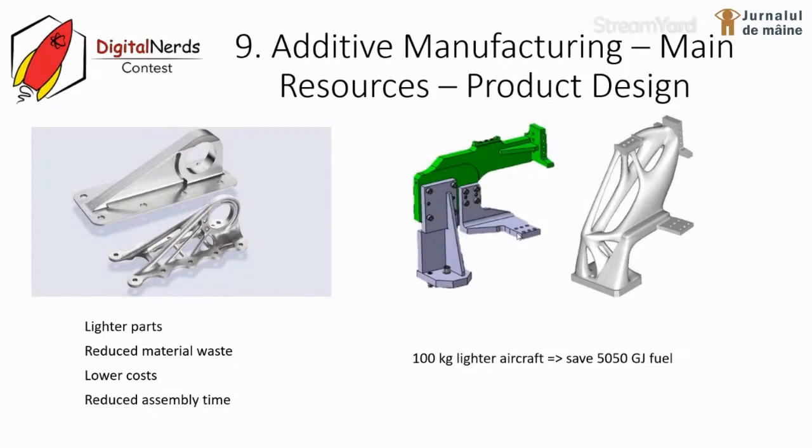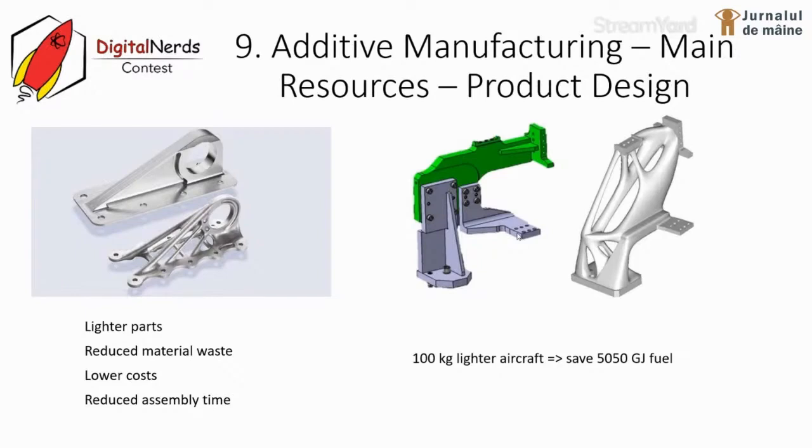As we can see, we obtain a lighter part, and as far as we know, mass reduction is very important in the aerospace industry, because for example, with 1 kilogram lighter aircraft, we save a lot of fuel.